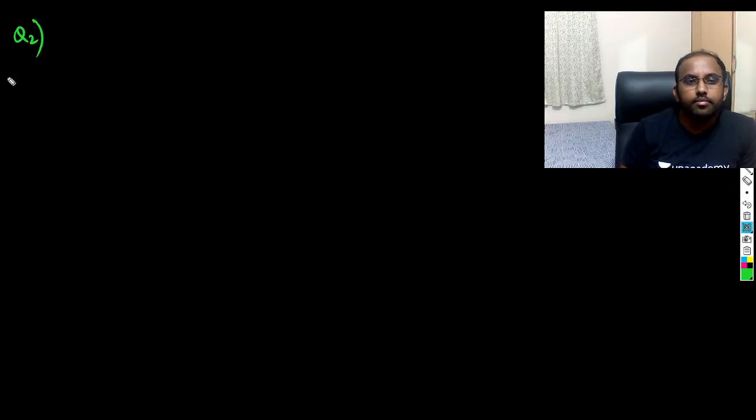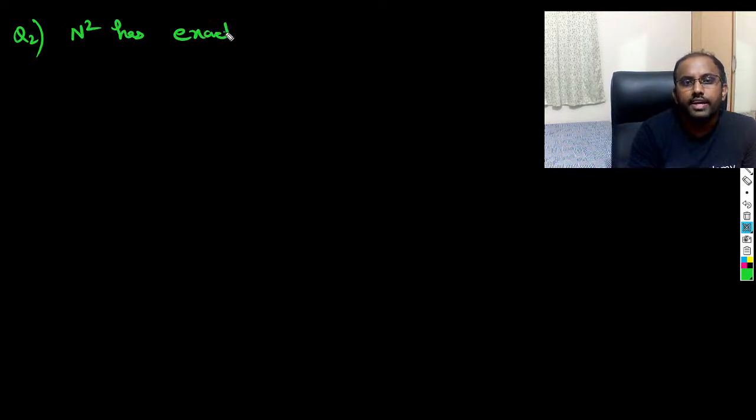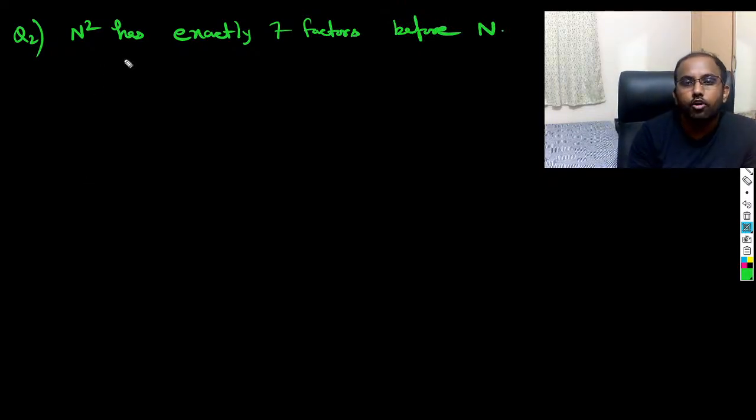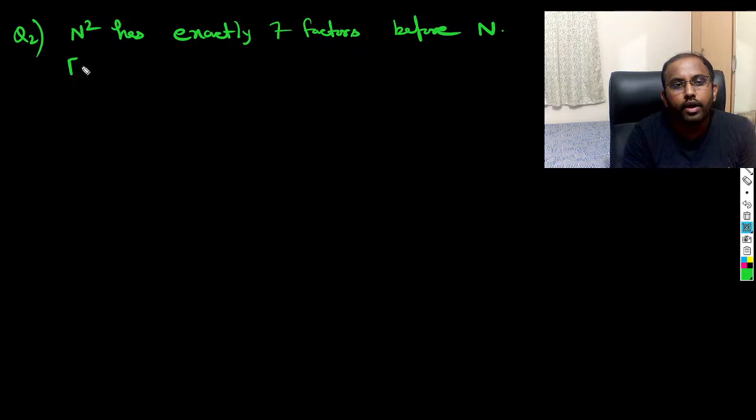This question says that n square has exactly 7 factors before n. This question is from a recent mock, a recent mock of Unacademy.